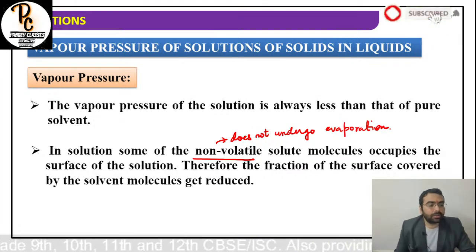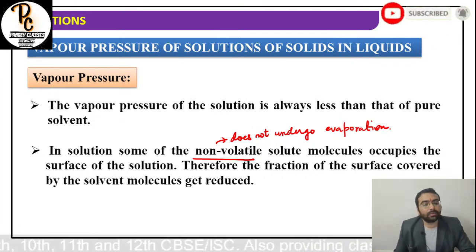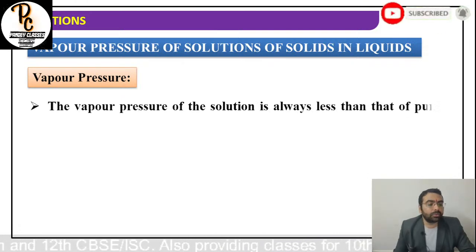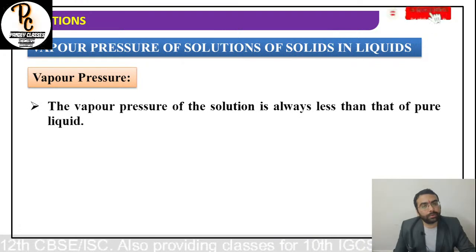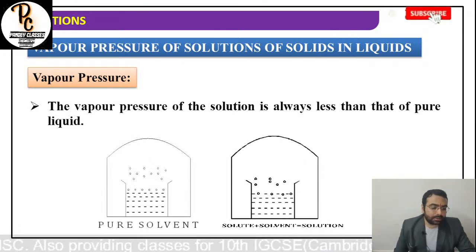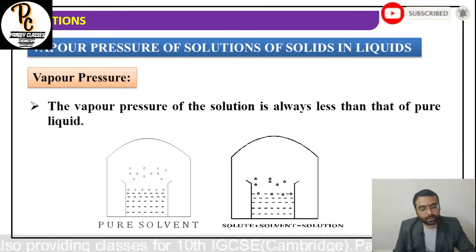Therefore the fraction of the surface covered by the solvent molecules gets reduced. So the vapor pressure of the solution is always less than that of the pure liquid. So this is pure solvent and this is solute, solvent and solution.